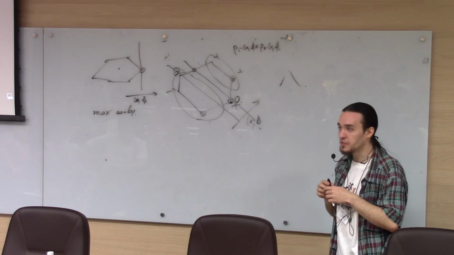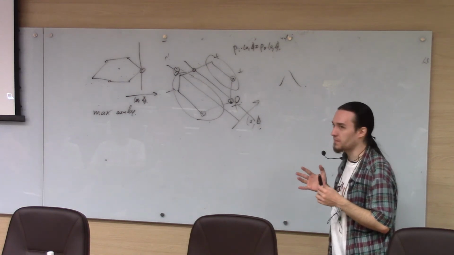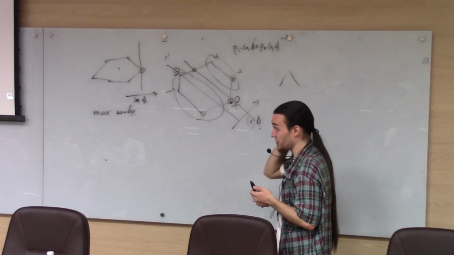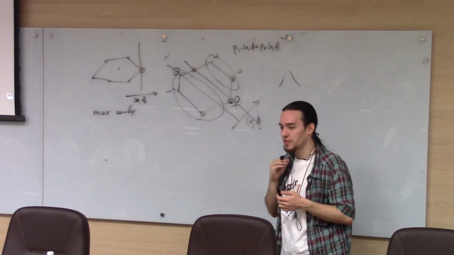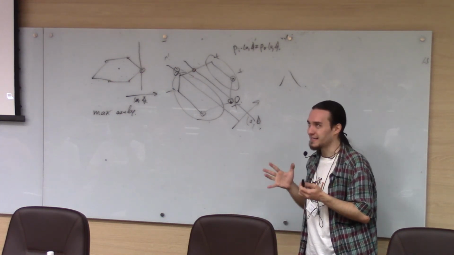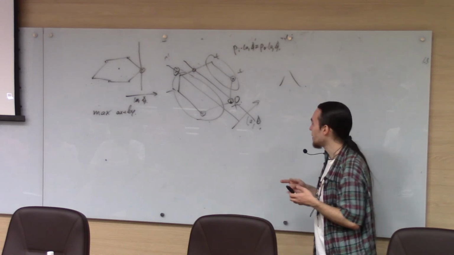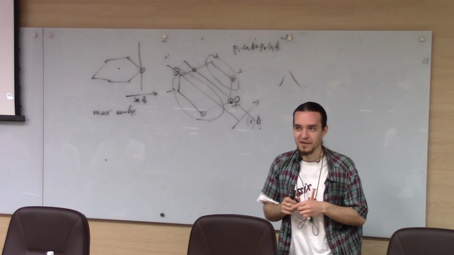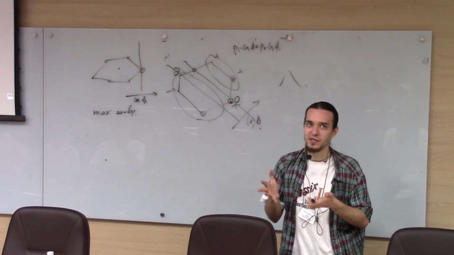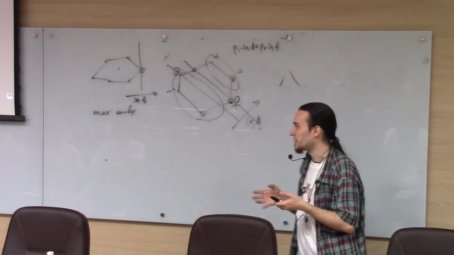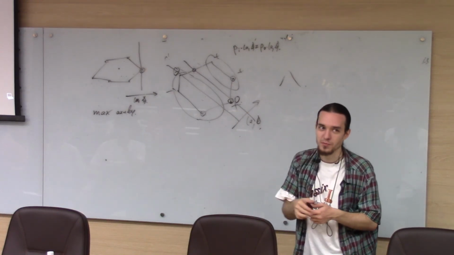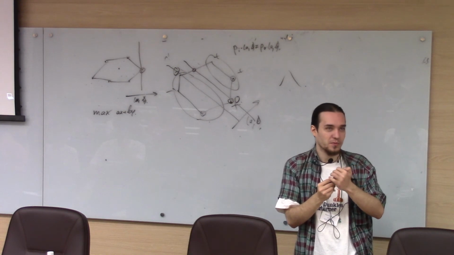So the point is, there are a lot of problems that you can solve with binary search on convex polygons, but you have to be careful, because as is, if you start from a random point, you are going to have trouble with the binary search working. So you have to make a few additional steps to transform this problem into a kind of problem that doesn't have problems with binary search.